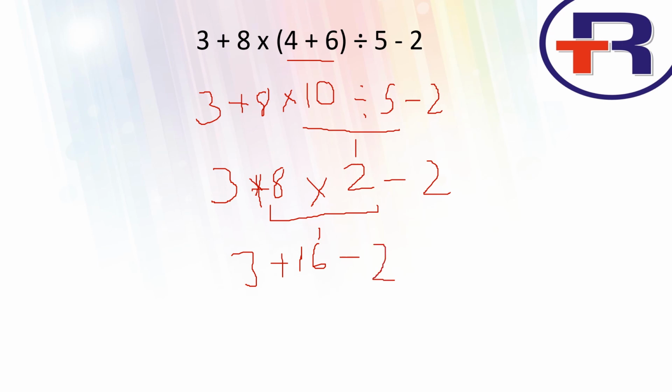A is the next letter of BIDMAS, which stands for addition. 3 plus 16, which is 19. 19 minus 2 is equal to 17. So you can see what we've done. We've gone from all this big sum, 6 numbers and 5 operations. We've got it down to 1 number, which is what maths is all about.